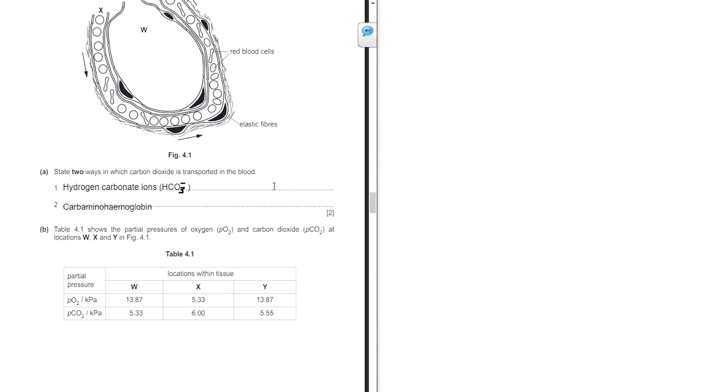So what is carbaminohemoglobin? Carbaminohemoglobin is just CO2 bonded to hemoglobin in red blood cells.